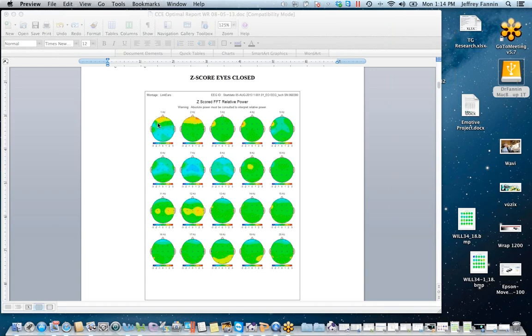So back up here at this FP1 and FP2. FP1 is over here on the left side, and FP2 is here, right on your forehead there. FP1 deals a lot with our ability to understand other people's body language and tone of voice, facial expressions, and a lot of cognitive, intuitive thoughts.